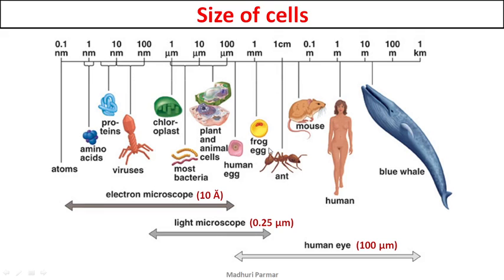Then you have ants or any other insects from 100 micron, or 1 millimeter, onwards, and you can observe them with your naked eye, the human eye. For this you do not require a microscope. This is how the size of a cell decides whether electron microscopes or light microscopes are used to see different kinds of samples.